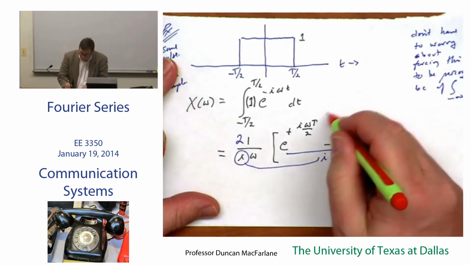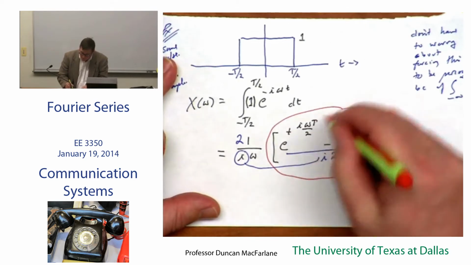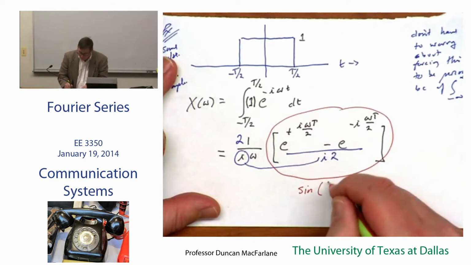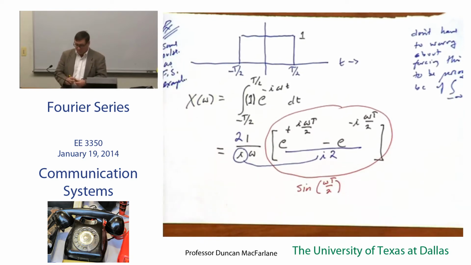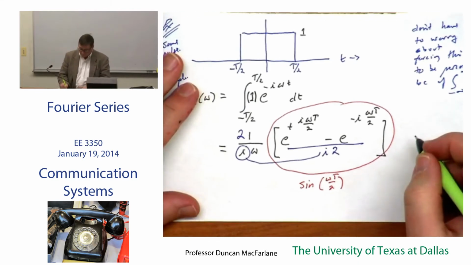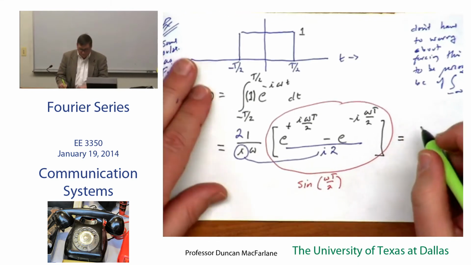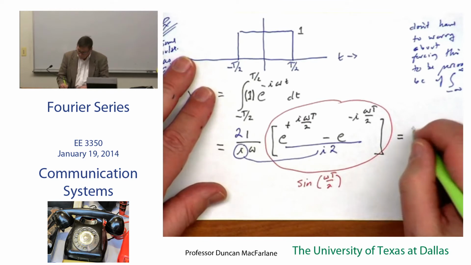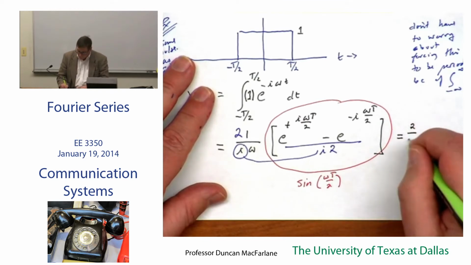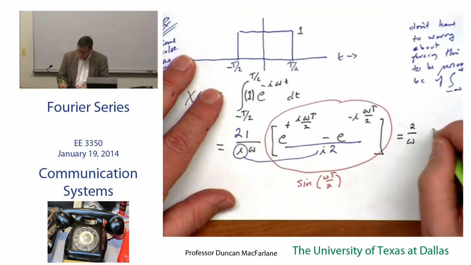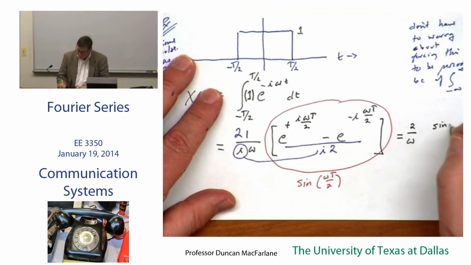Now this guy here in brackets becomes the sine of omega capital T over 2. Which means that this equation is twice over omega sine of omega capital T over 2.